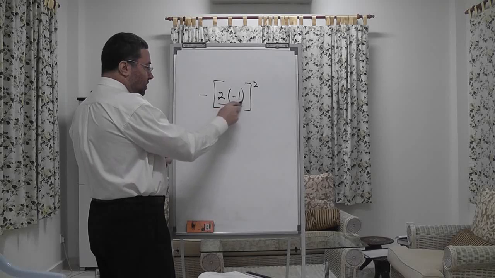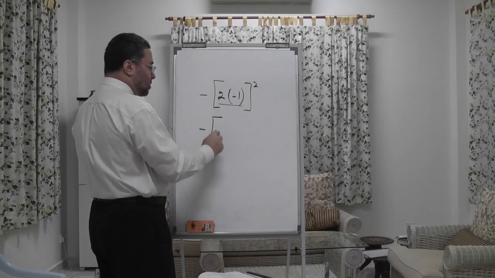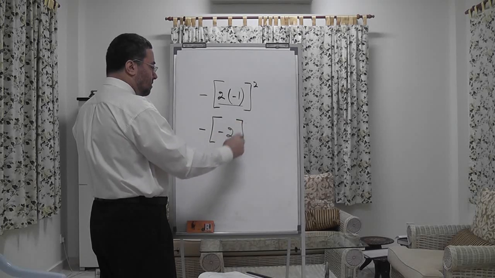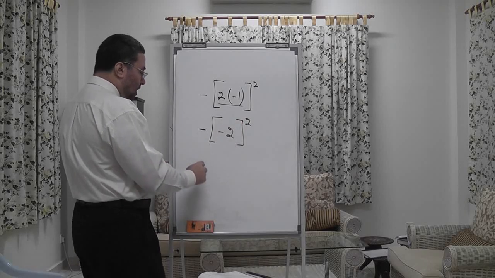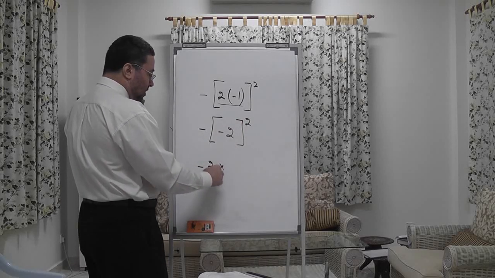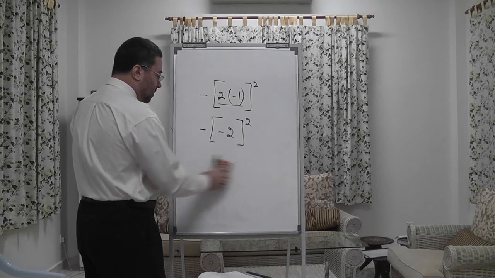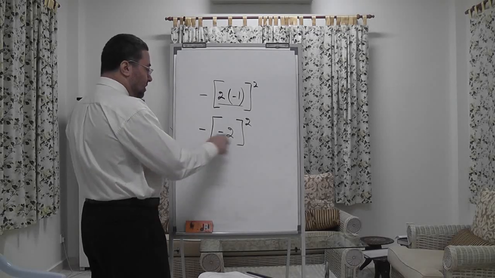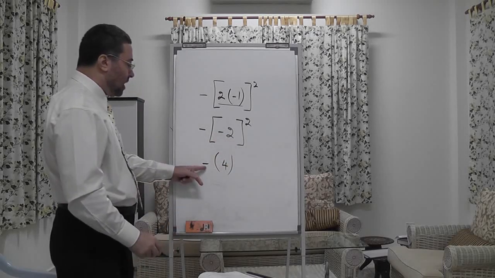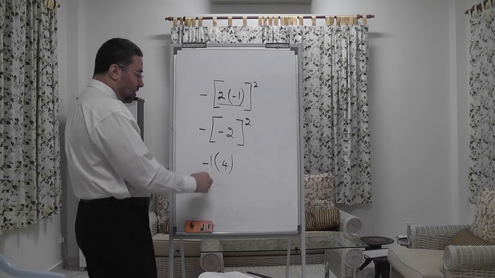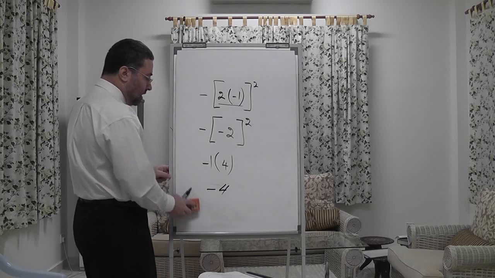So we are going to remove the parentheses. 2 times minus 1, that gives us minus 2. And now the minus 2 is squared. And that will be minus 2 times minus 2. And that gives us 4. So we can replace this with 4. Still we have a minus outside. And this is a minus 1 multiplied by 4, and that gives us minus 4. And that's the answer.